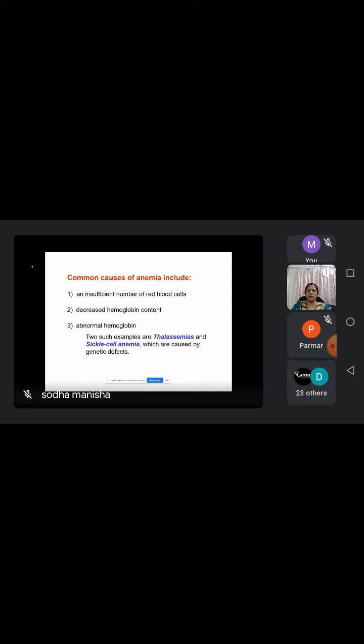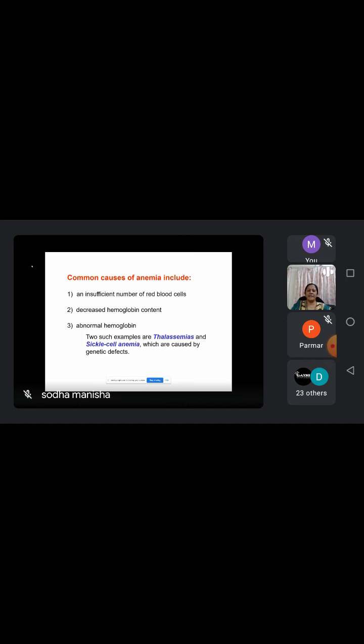If we divide the hemoglobin percentage by the RBC percentage, we will get the value of the color index. The normal range of color index is 0.85 to 1.15.